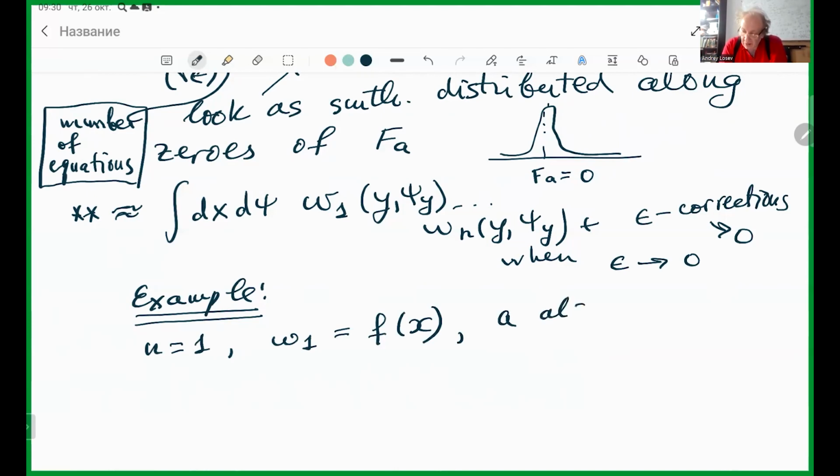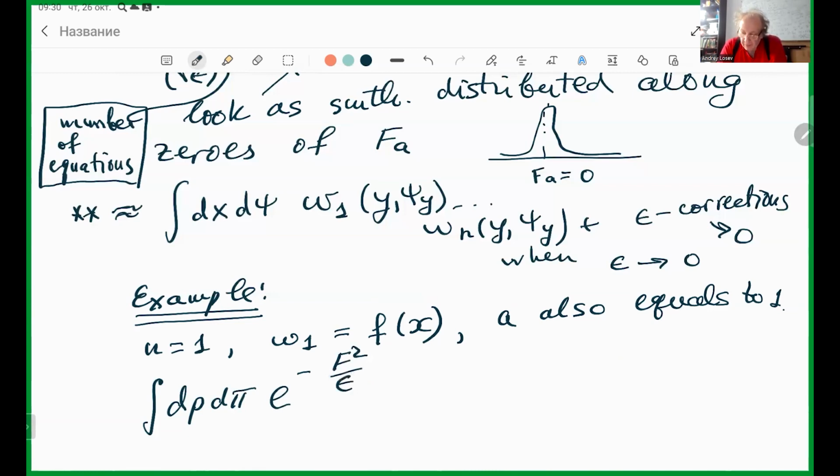A also equals 1. The integral that I'm going to take is like this.